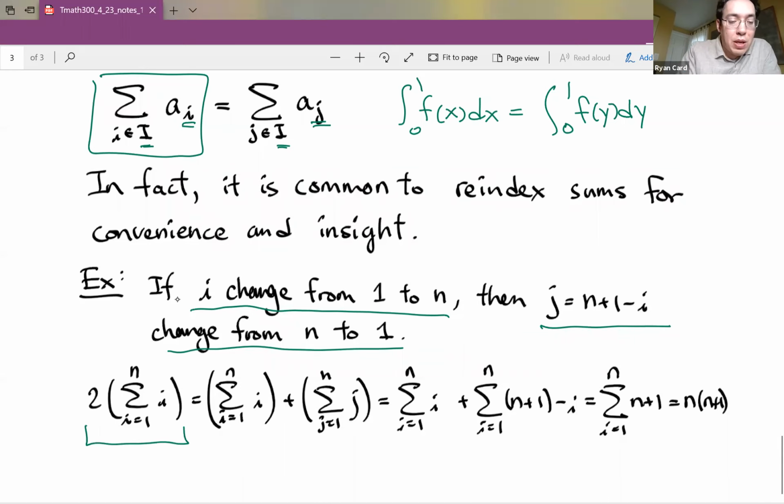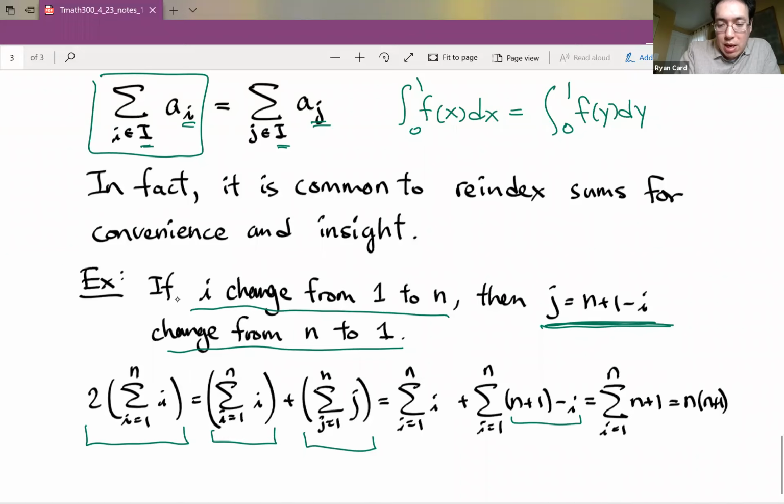So twice the sum from 1 through n is the same thing as adding 1 through n to the sum of n through 1, counting backwards. The order in which you add doesn't matter. And you can rewrite j: j is the same thing as n plus 1 minus i, so you could replace j with that expression.